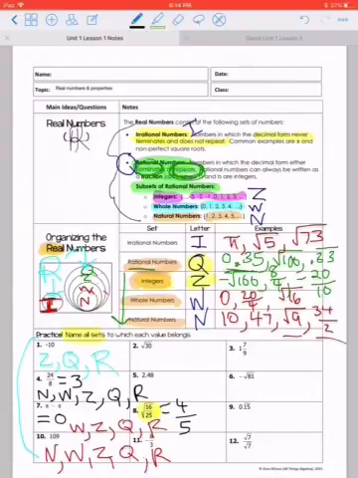Okay, so we have a fraction that is a rational number, but it's not anything else. So if you look at the integers, whole and natural, none of those have fractions or decimals. Okay? So we're really just a rational number here. And if you're rational, you're real. Okay? And the same exact answer is for 9 if you have a repeating decimal.